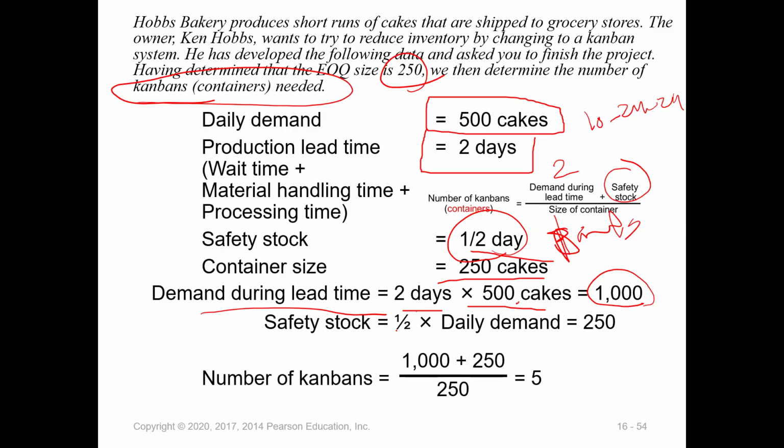The safety stock of half a day means 250 cakes. So the safety stock plus the demand during the lead time is 1,250, divided by 250. So the number of Kanbans is 5. That's how I get the number of Kanbans.